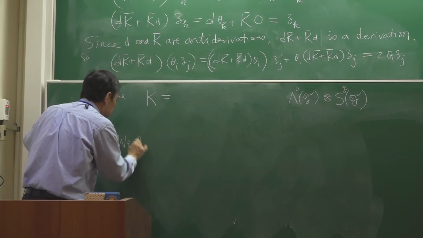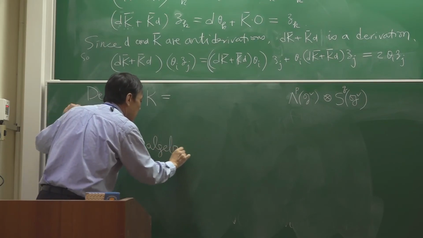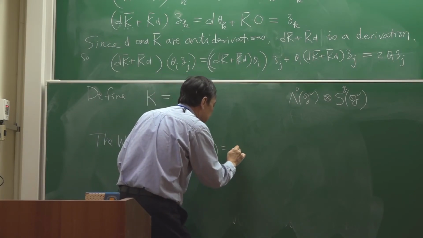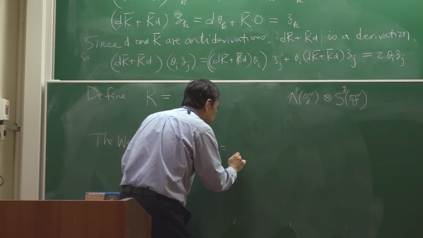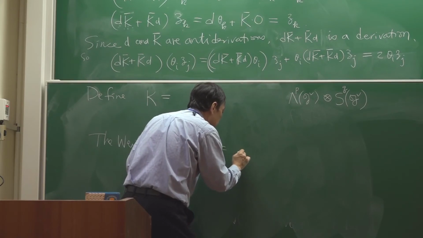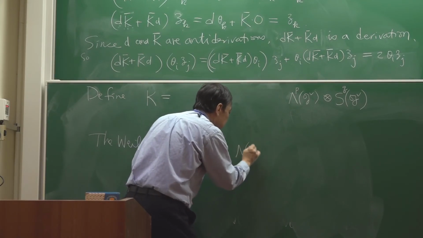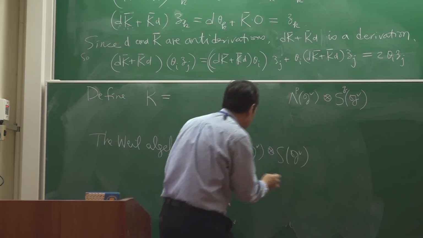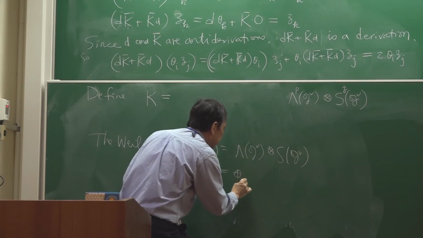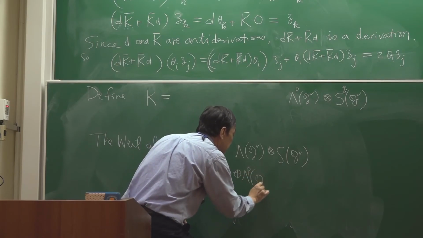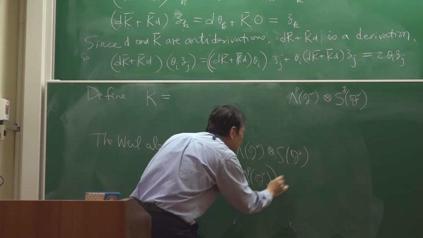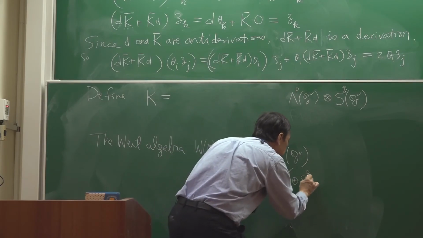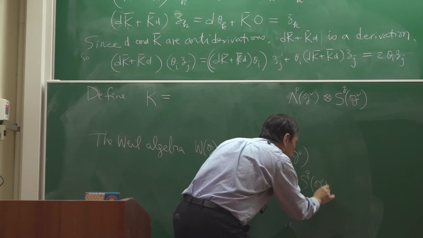The Weil algebra WG is lambda G dual tensor SG dual, that is the direct sum of lambda P G dual tensor the direct sum of SQ G dual.